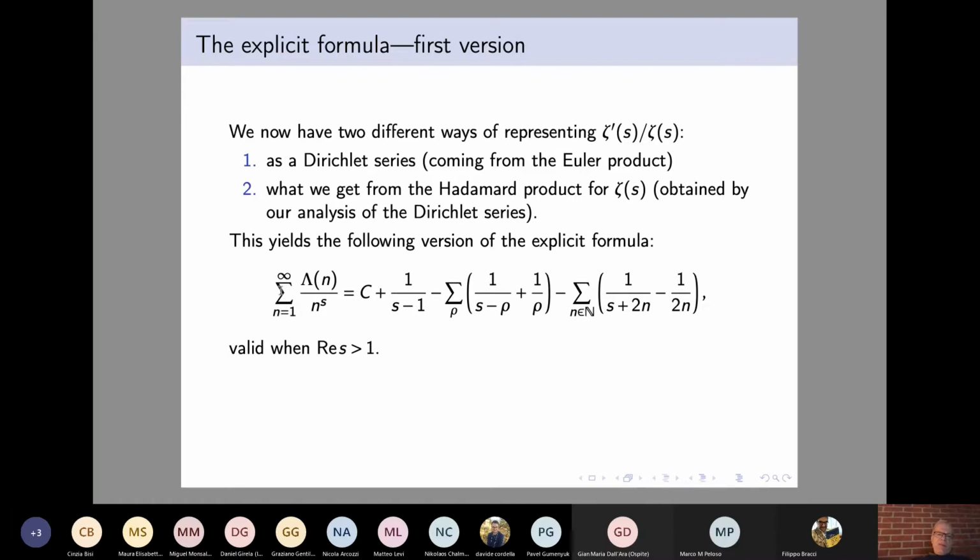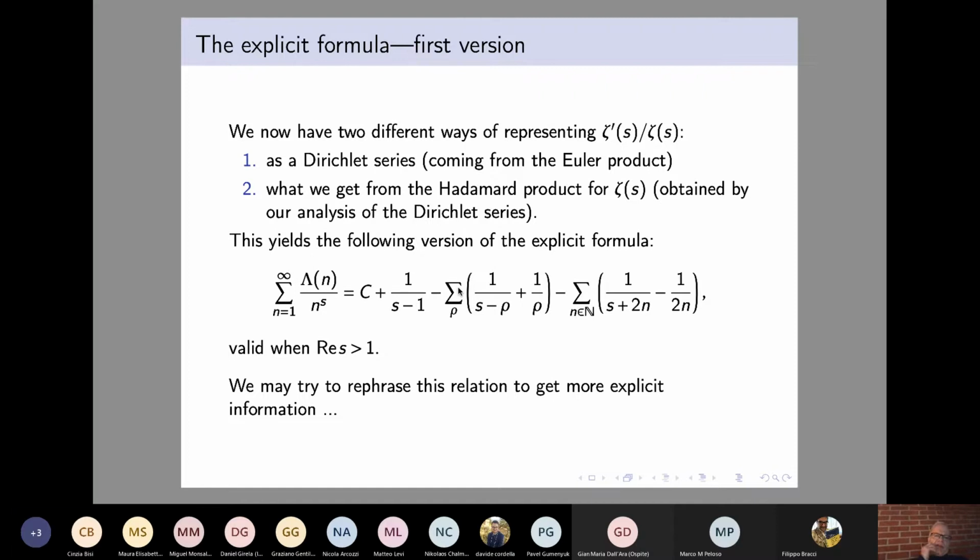Remember that this is a sum over prime powers, and we should think of this basically as a sum over the primes, because the higher powers don't really play any essential role. So the left-hand side is essentially a sum over the primes, and everything on the right-hand side is understandable, except, of course, the mysterious sum over the zeta zeros. So this is the basic connection between the two things.